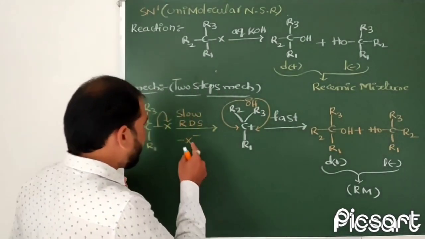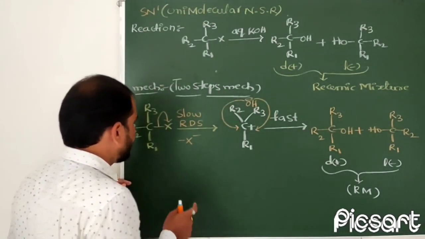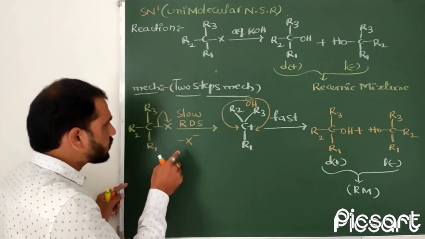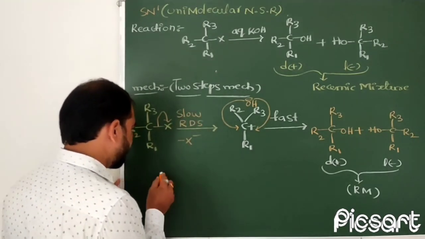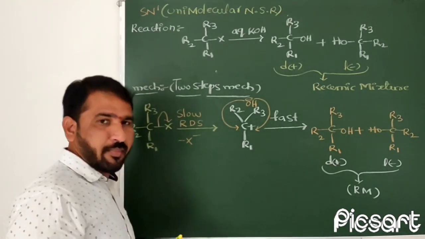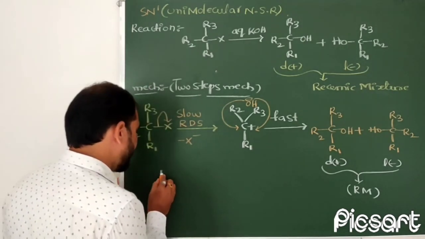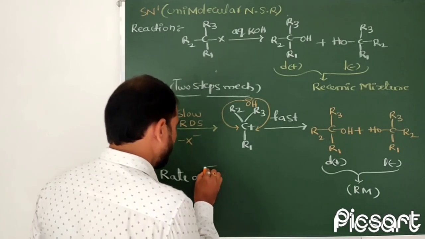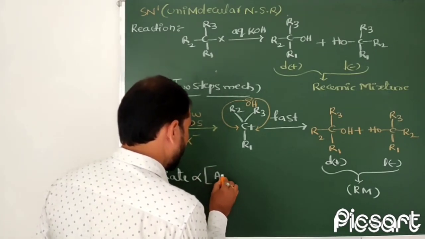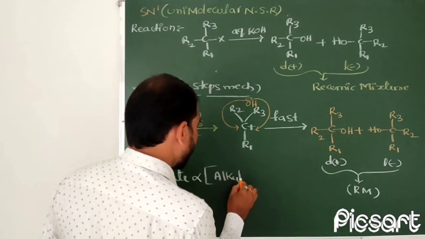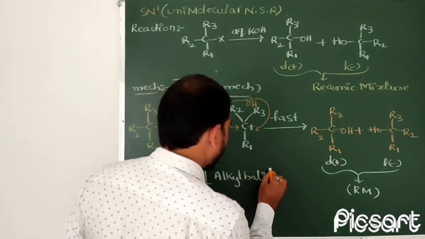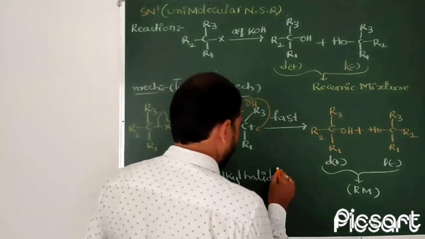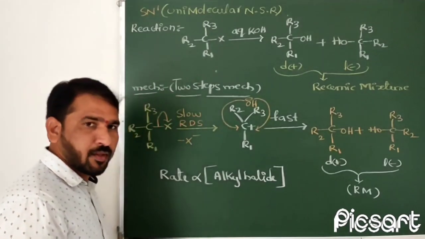Thereafter, in the rate determining step, only this alkyl halide participates. Therefore, according to chemical kinetics, the rate of the reaction is directly proportional to the alkyl halide concentration.